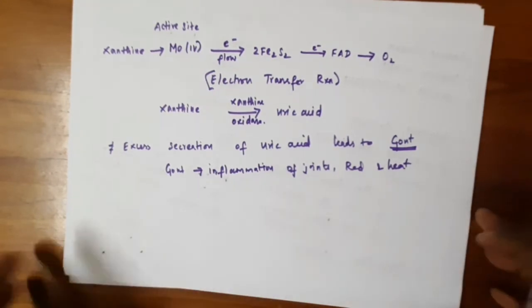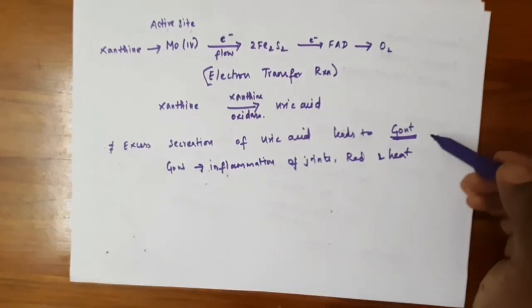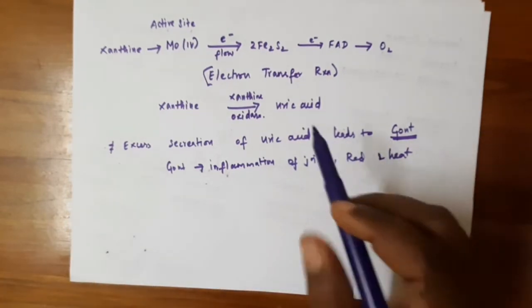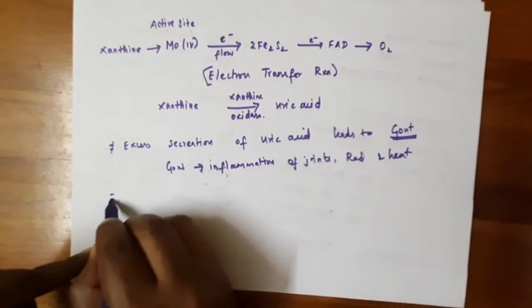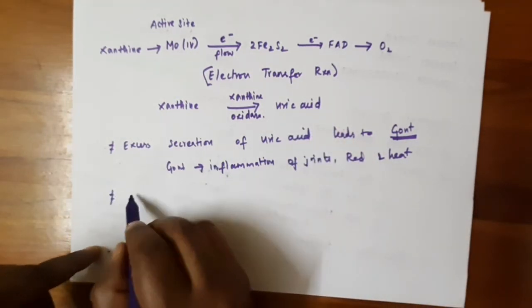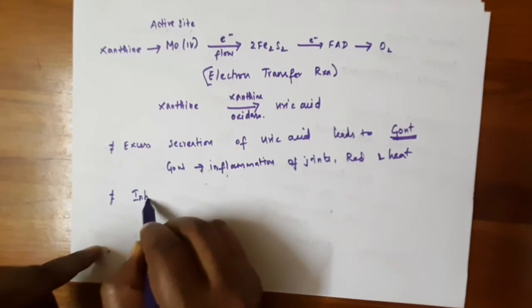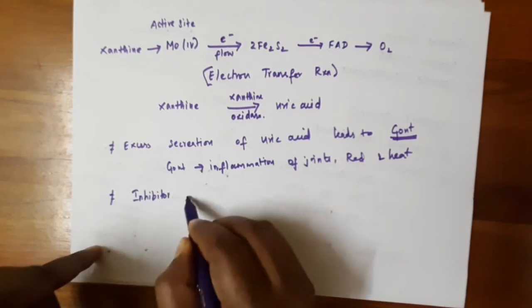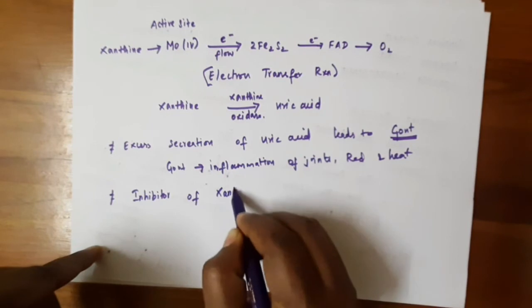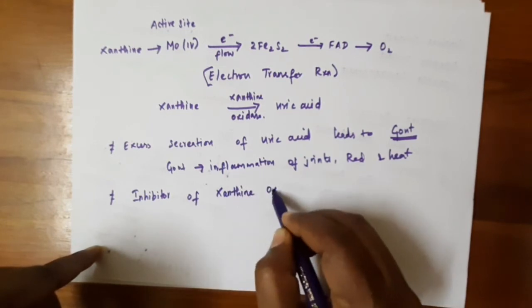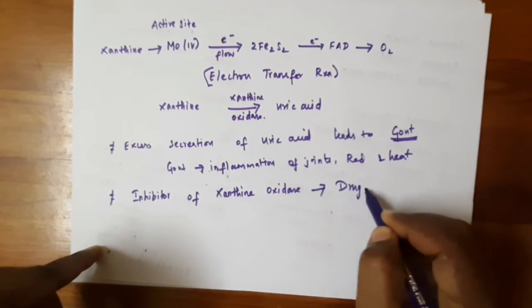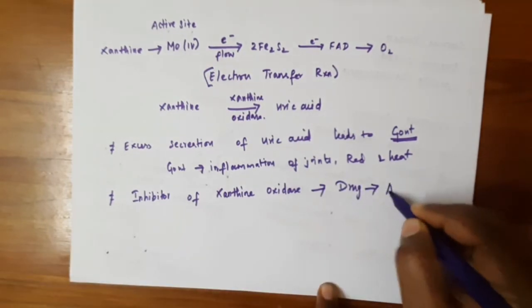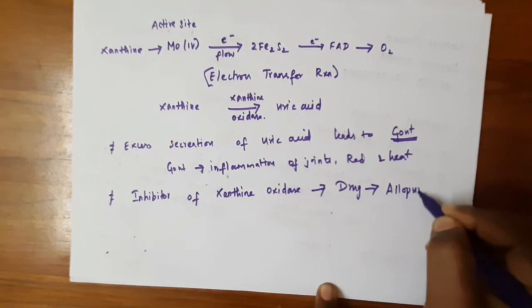This gout disease, caused by the secretion of uric acid, is treated by using an inhibitor of xanthine oxidase, the drug called allopurinol.